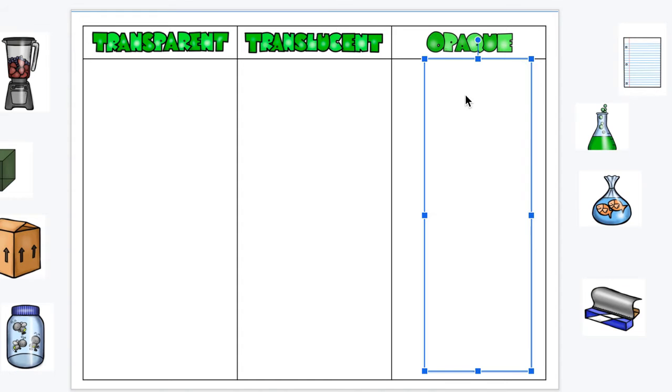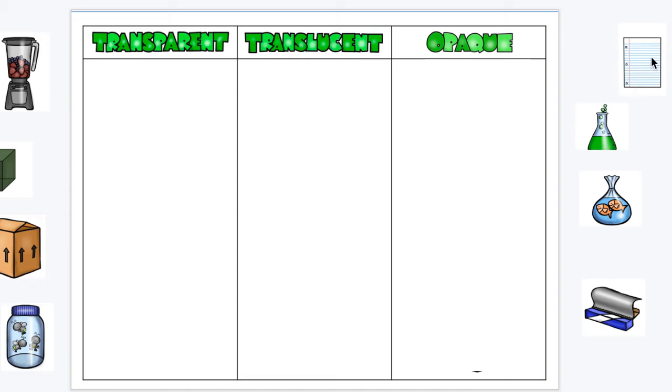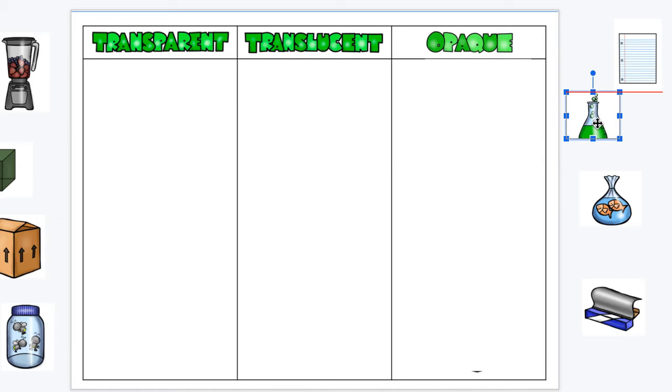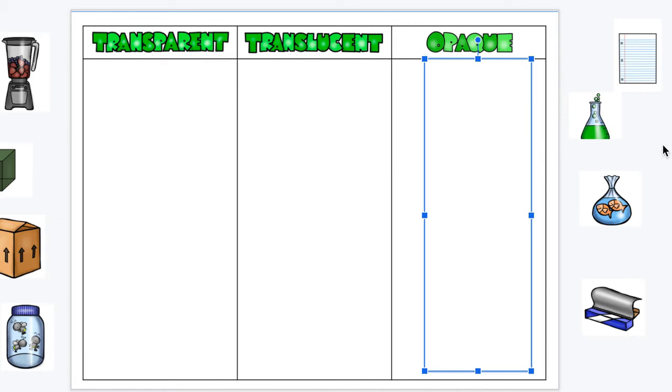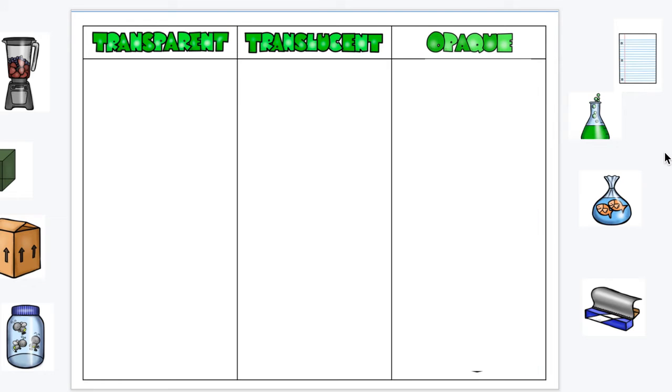Transparent, translucent, and opaque. Okay? So the piece of paper, is that translucent? Actually, wait, let's go here to this clear glass. Alright, is it transparent, translucent, or opaque? Where should it go? So this is transparent because you can see clearly through it. Alright, next one up, the blender that's a little foggy looking.